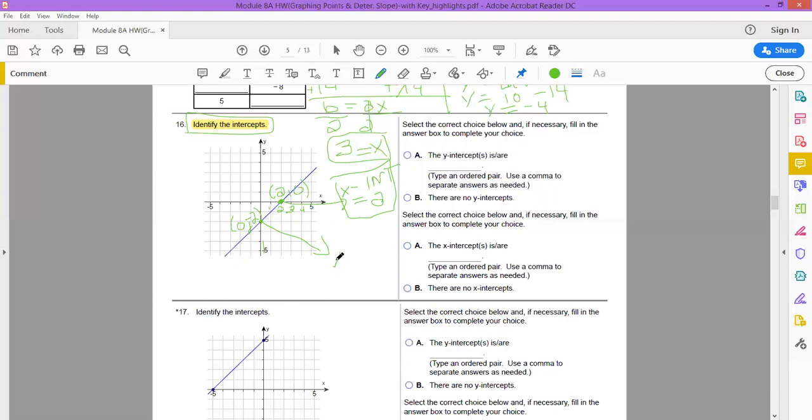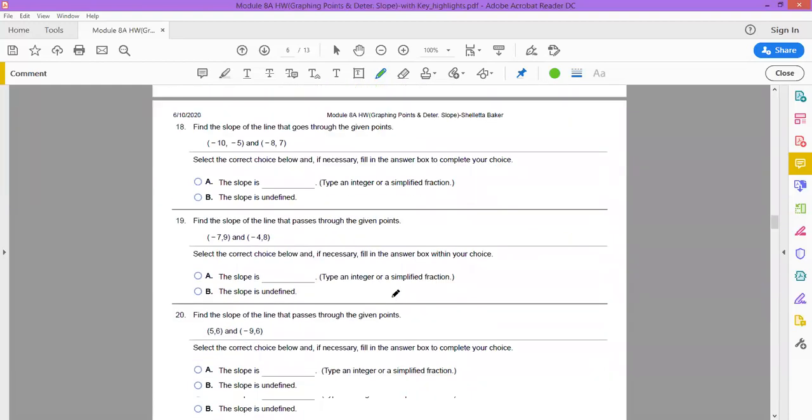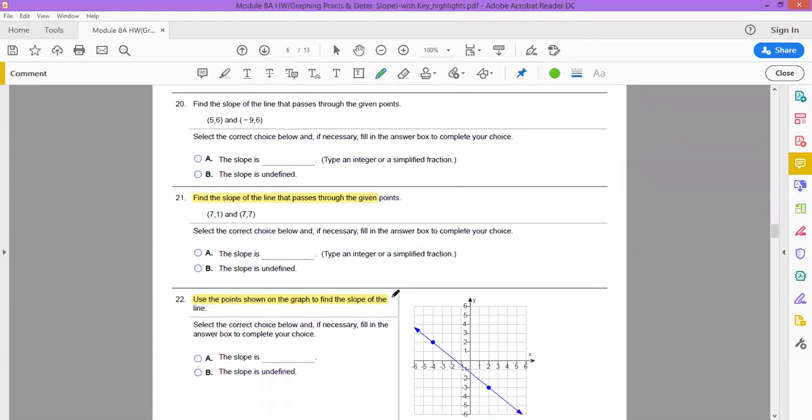So our y-intercept is going to be negative 2. And that's all you have to do for that one. Identify your x and y intercepts. Where does the line go through the y-axis? Where does the line cut through the x-axis? So y-axis, x-axis. Moving on, let's look at number 21 and 22.